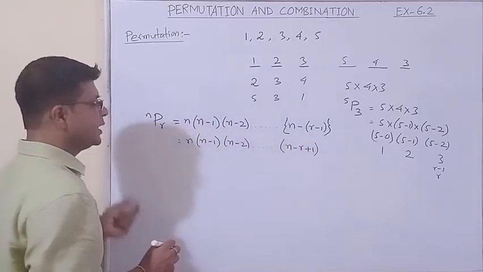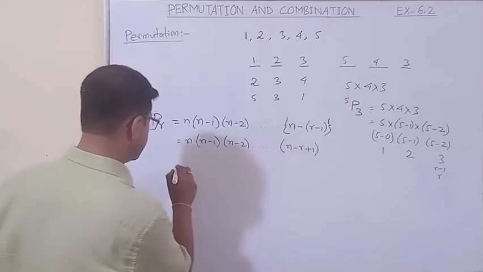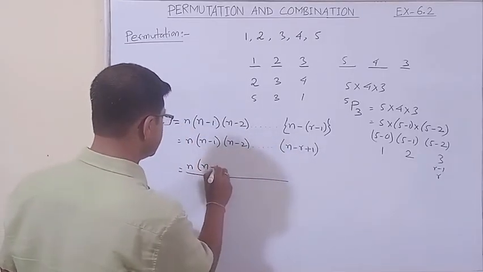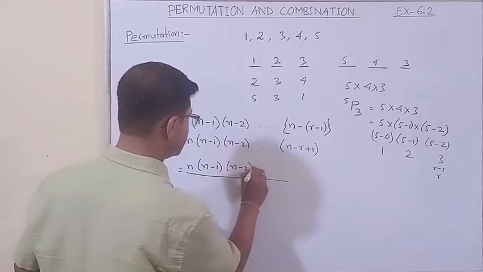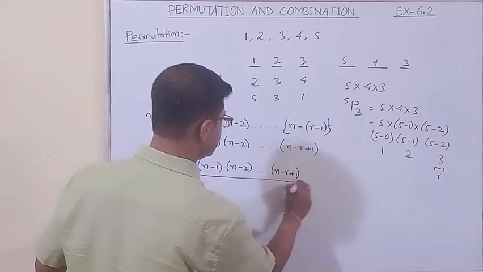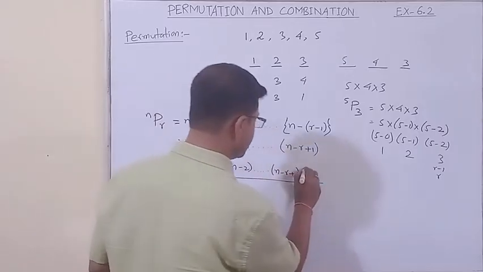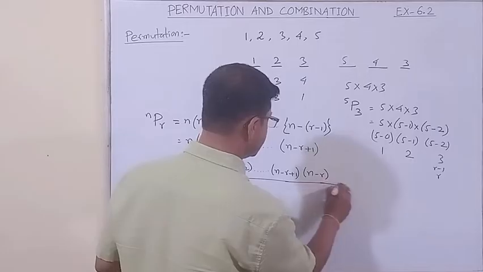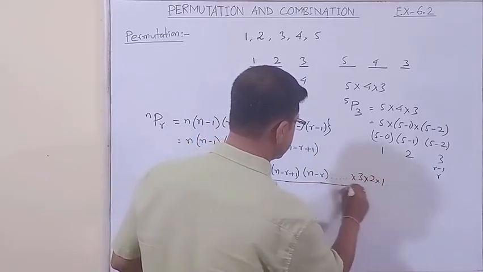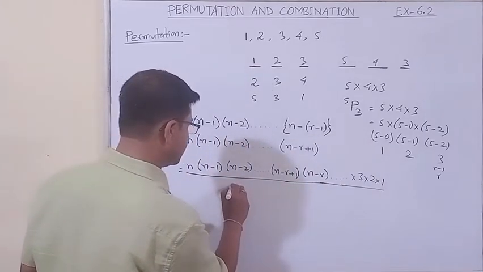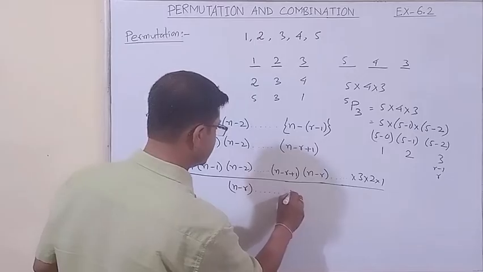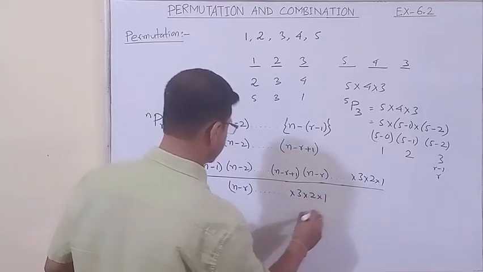Got it? Now let us try to have a formula for it. What do we do? Let us multiply something with it: into n minus r plus 1, and then into n minus r, up to 3 into 2 into 1.